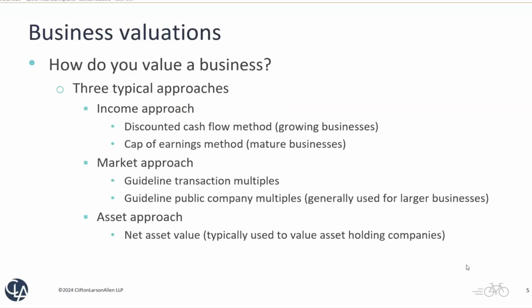Your margins may be expanding over time. Your top line's expanding, and you can forecast at least out to a full business cycle, 5 to 7 years, and you present value those cash flows to achieve the value of the business, or an indication of value for the business. And then there's the cap of earnings method.